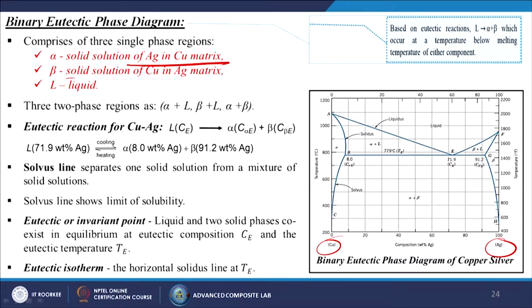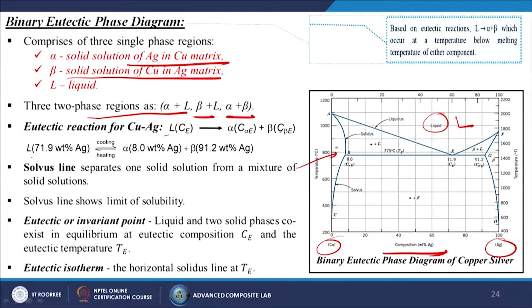Alpha is the solid solution of silver in the copper matrix, beta is the solid solution of copper in the Ag matrix, and L is the liquid. The x-axis is the composition in weight percent of Ag. There are 3 two phase regions: alpha plus L, beta plus L and alpha plus beta. The eutectic reaction for copper-Ag is L to alpha plus beta.